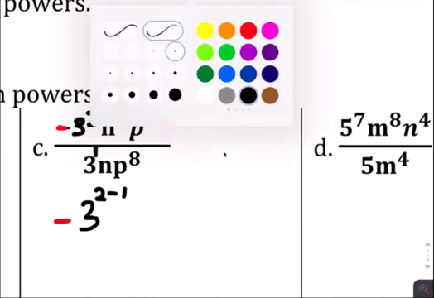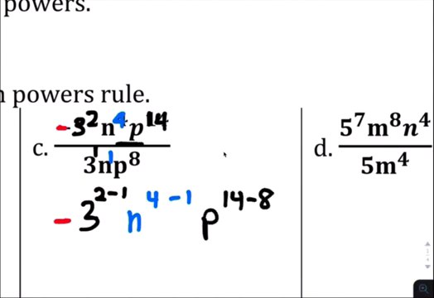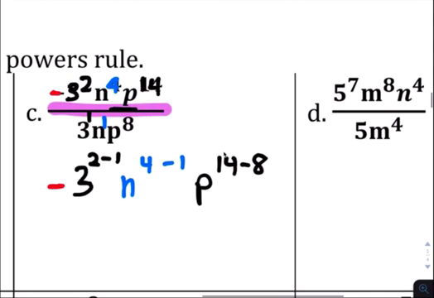Okay, and then here you got n to the 4 and 1, n to the 4 minus 1, and you have here p to the 14 minus this division, so minus 8. This means to divide, so you subtract the exponents. So you bring down the -3 to the 1st, n to the 3rd, p to the 6th.